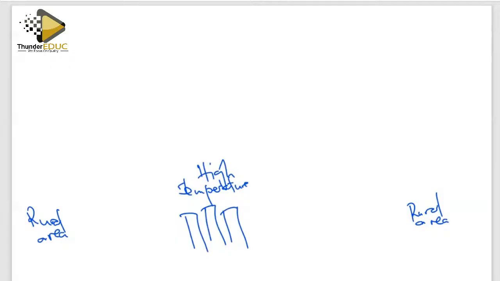We need to analyze the relationship between temperature and pressure. We know well that when temperature is high, it gives us a low pressure developing. And when temperature is low, it gives us a high pressure cell, which is likely to develop in that area.